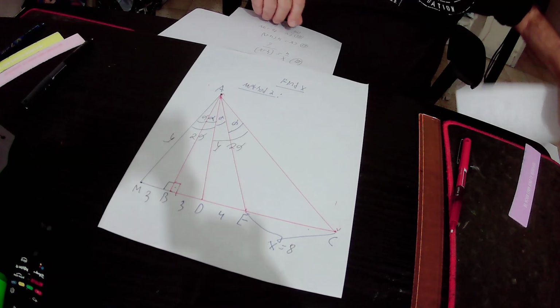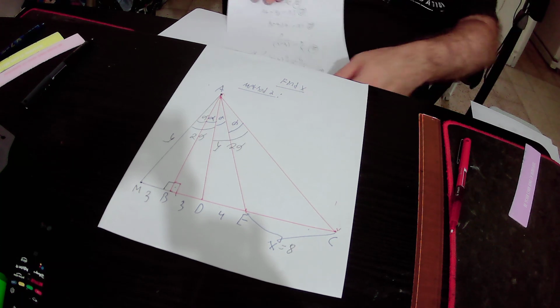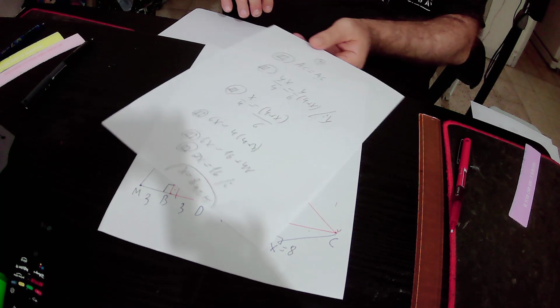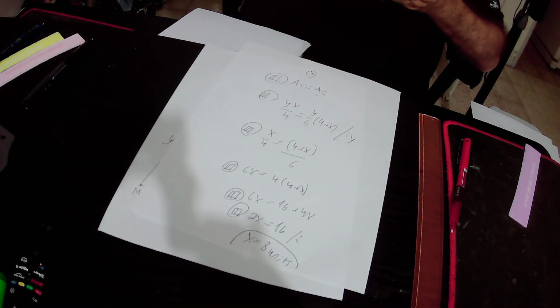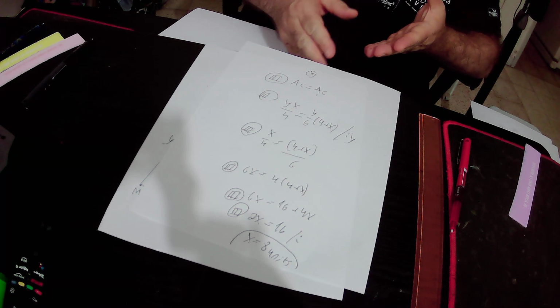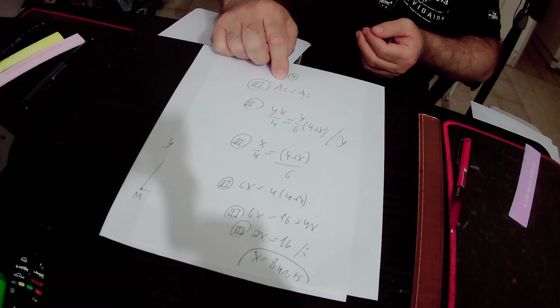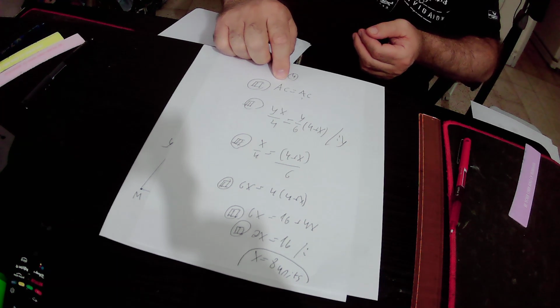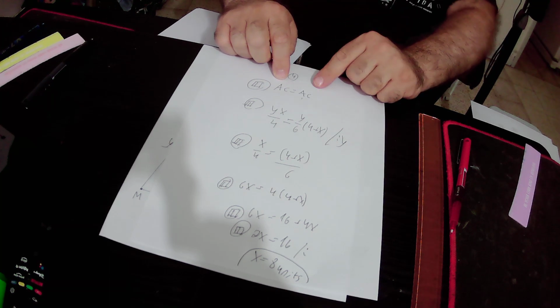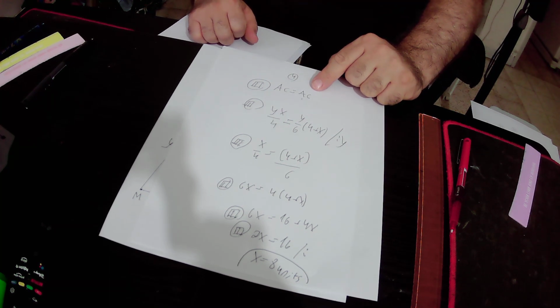So we can get the equality that AC equals AC, and we substitute AC by the value according to equation number 1 on one side of the equality, and on the other side by the value that we found for AC in equation number 2.